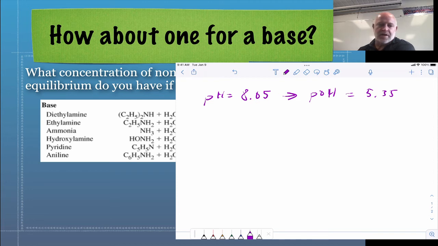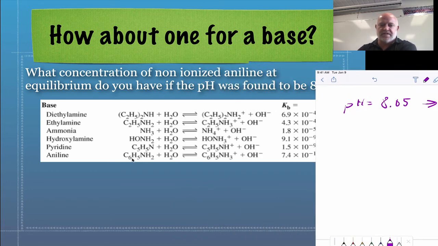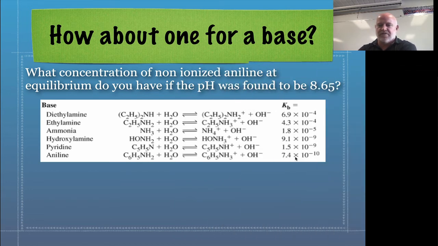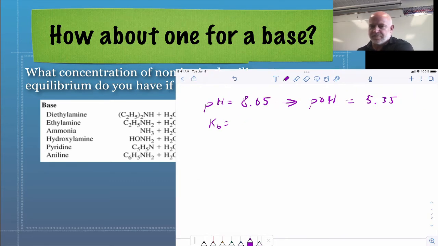Okay? We're looking at aniline, and aniline is down here, and we have a Kb value for aniline, 7.4 times 10 to the negative 10. Now I'm going to write up my equilibrium expression, my Kb. Here's my equation. Whoops. Well, I already did that part for us, I guess. Here's my expression.